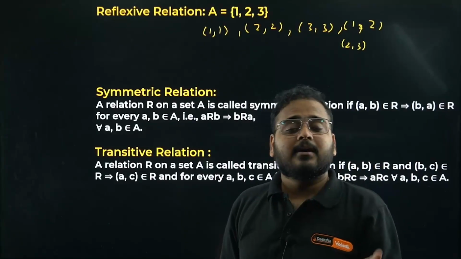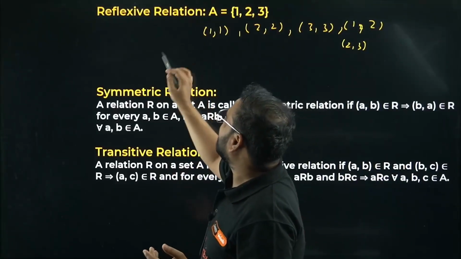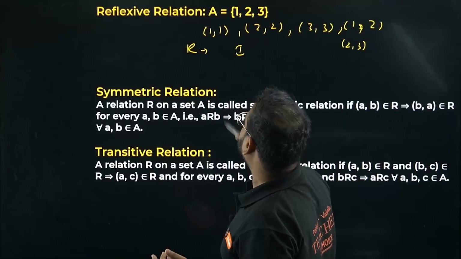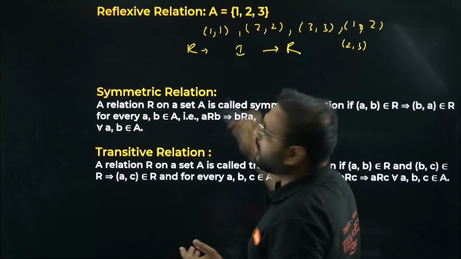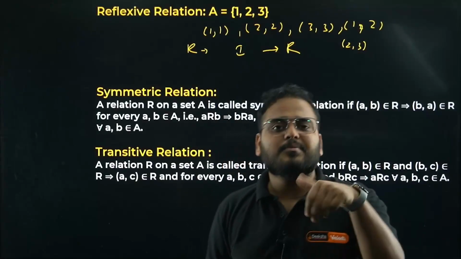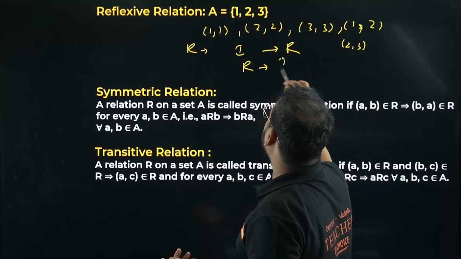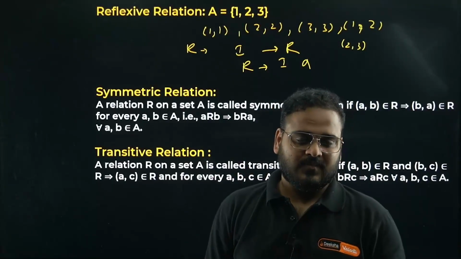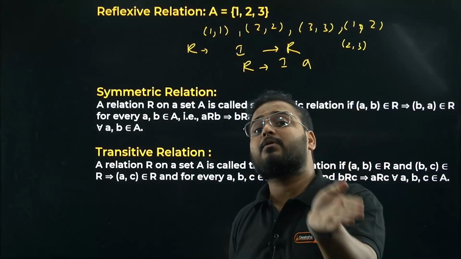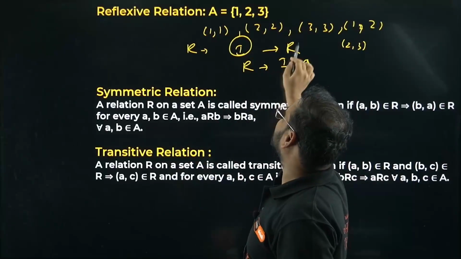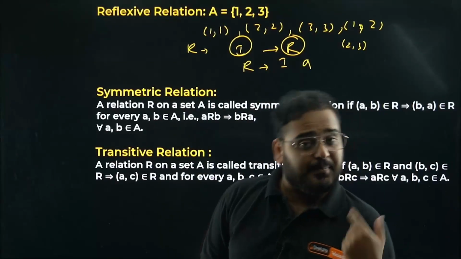Let's say I have a relation R which is identity. Will this be reflexive, sir? Of course. An identity relation will always be reflexive. But the reverse is not true. If I say all reflexive is equal to identity, not always. All reflexive relations are not necessarily identity relations, but all identity relations will always be reflexive in nature.